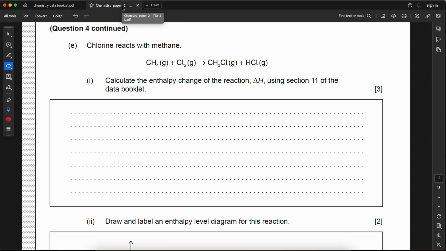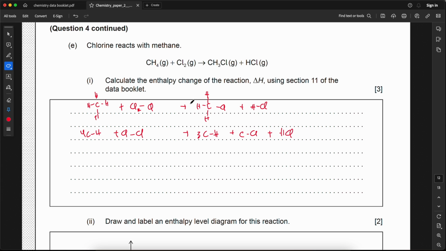So as always, I encourage you to draw the full structure so you can see how many bonds, or see what is bonded to H, so it will be clear. So CH4 and then Cl-Cl gives CH3Cl, you have C bonded to Cl, and you have HCl.